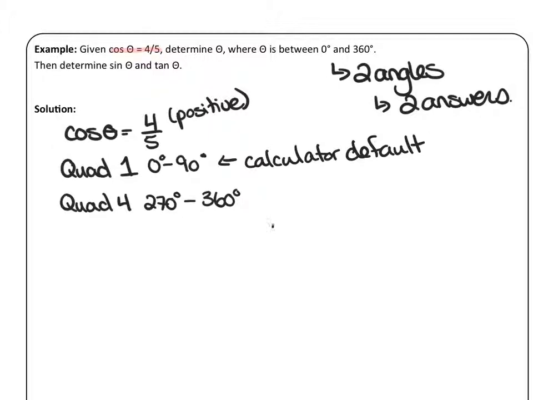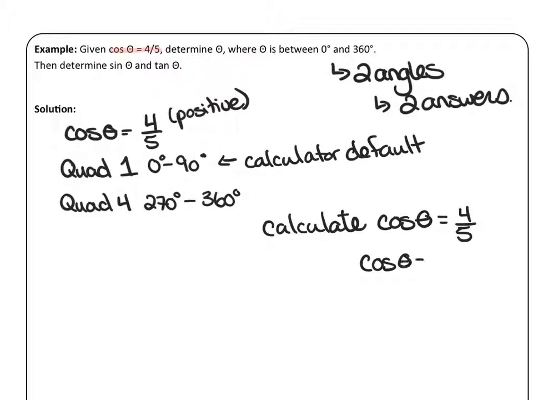So let's actually calculate cos theta equals 4/5. I know that that is 0.80, and I'm going to calculate it on my calculator.